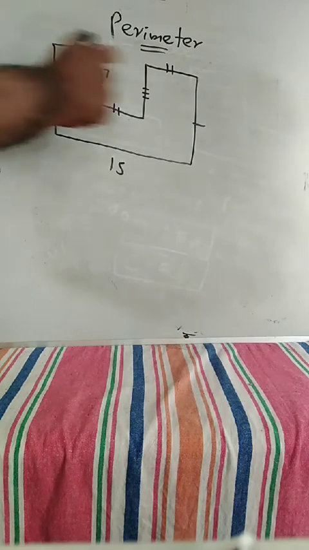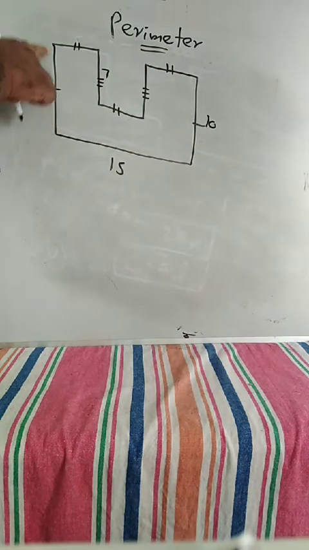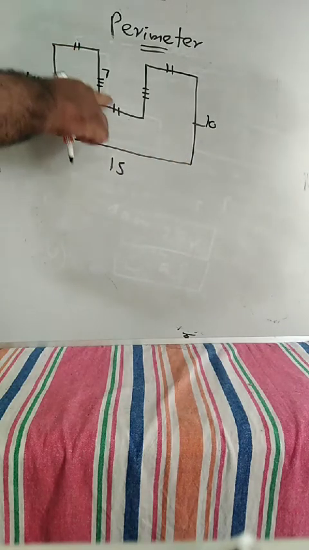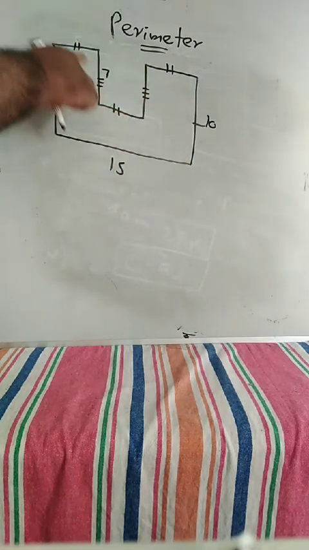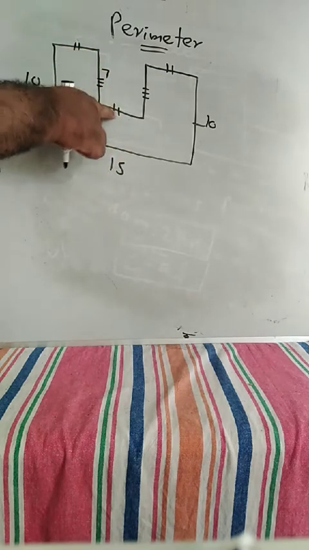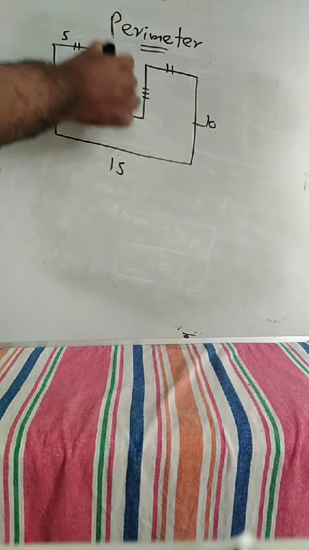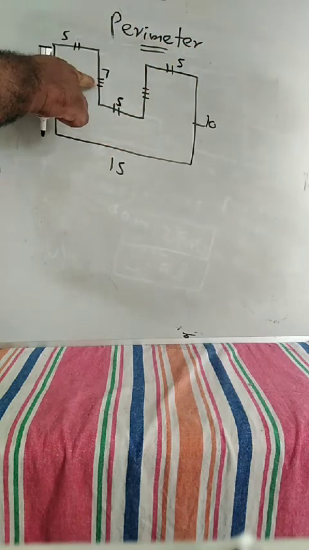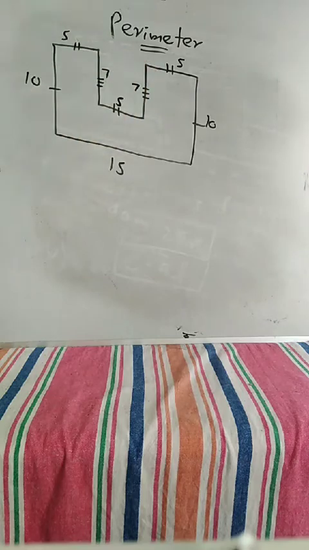If this is 10, this side is also 10 because equal. Here these three lines are equal. If this is 15, 15 divided by 3, one is 5. This also 5, this also 5. Then 5, 10, 15. If this is 7, this also 7.